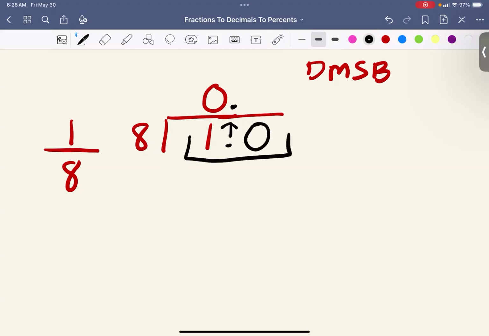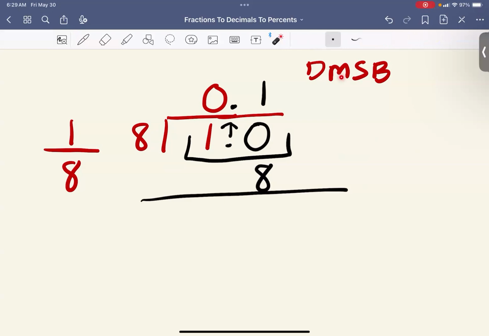So the new number is now 10. So I'm going to try to divide again. 8 goes into 10 one time. 1 times 8 is 8. So I multiplied. Now I need to subtract. 10 minus 8 is 2.